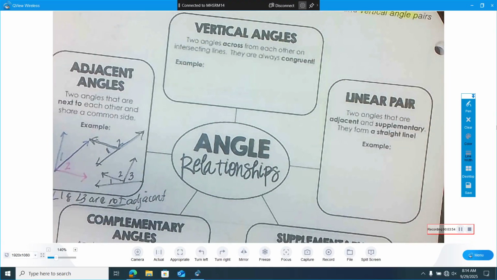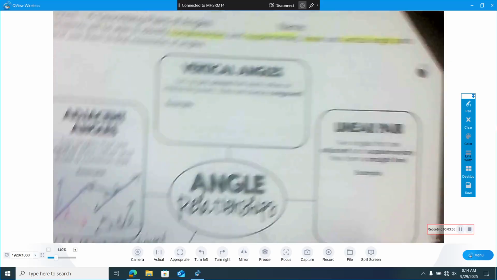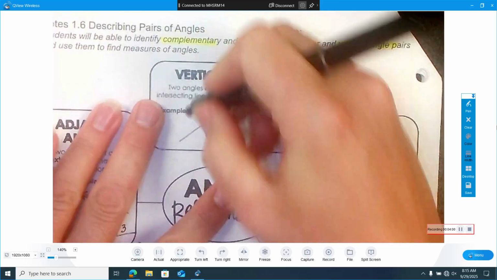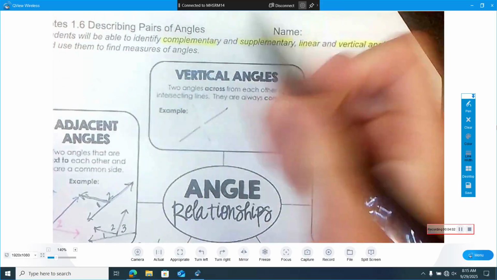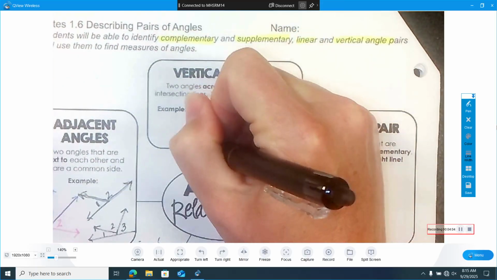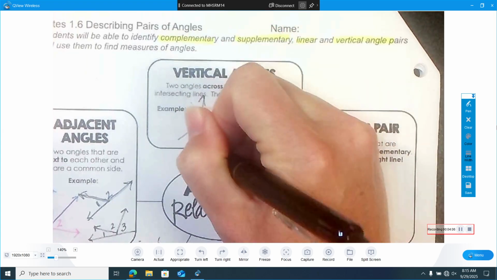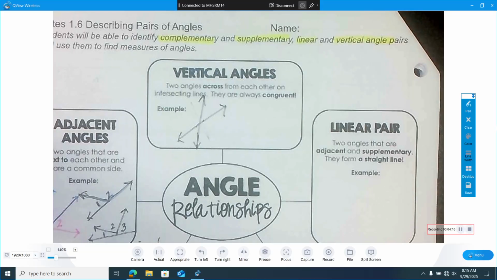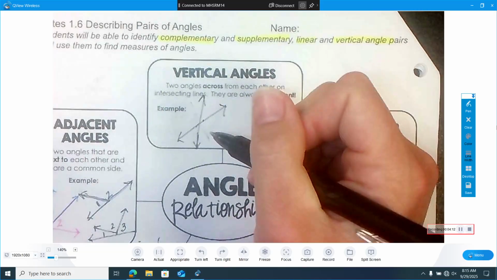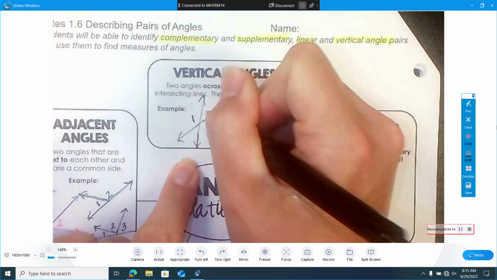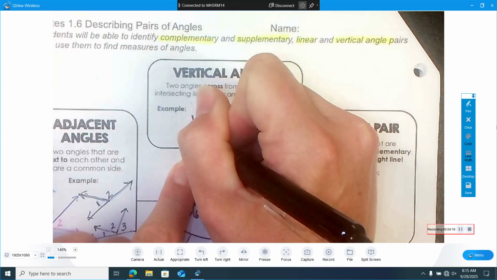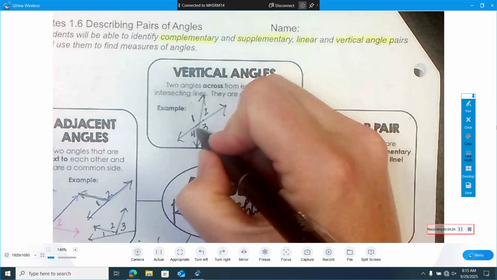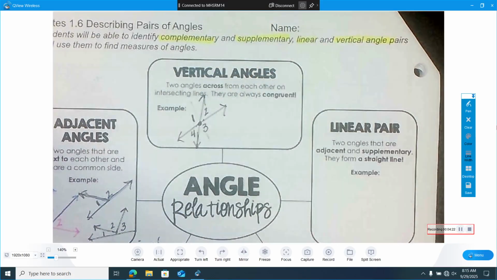If you have straight lines, so for instance here, that's a bad picture, but it doesn't matter how you draw it. Here we have two intersecting lines. When I do that, I'm creating angle 1, angle 2, angle 3, and angle 4. Two straight lines intersect at this single point right here.